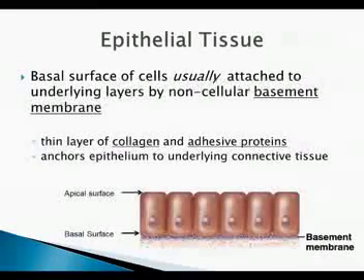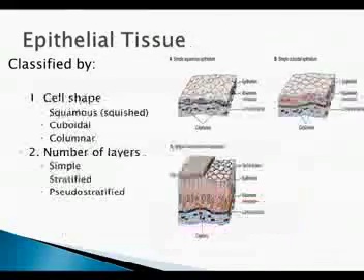Compare that to basal, which has the same root as basement. It's going to be the bottom, and the basal surface is the part that's attached to the basement membrane. And the basement membrane is basically collagen and proteins that tie that to some of the underlying connective tissue. Usually it's areolar tissue, and we'll get into that in the next part, but just know that the basal surface is the part that attaches to the basement membrane.